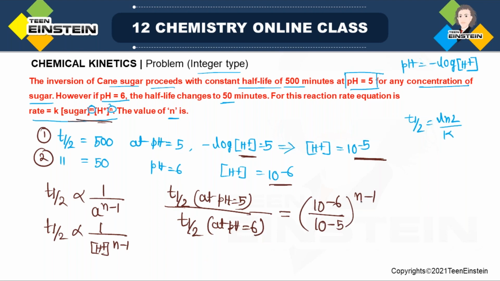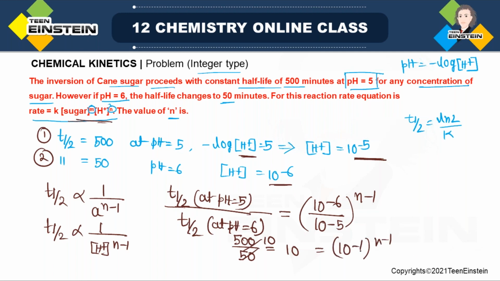You can also write n minus 1 individually, but I have written it together. Now T half at pH 5 is 500 and at pH 6 is 50. So this value is 10, and on the right hand side 10 to the power minus 6 over 10 to the power minus 5, that means it will be 10 to the power minus 1, to the power n minus 1.